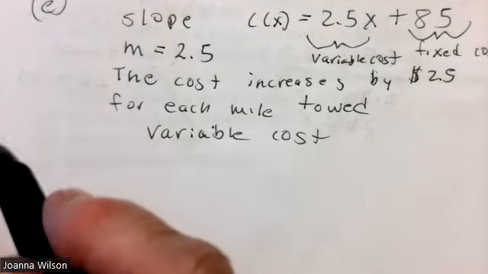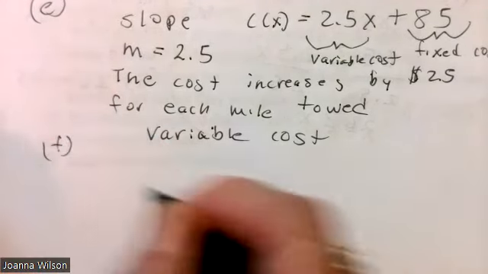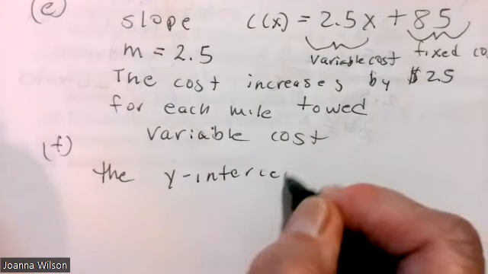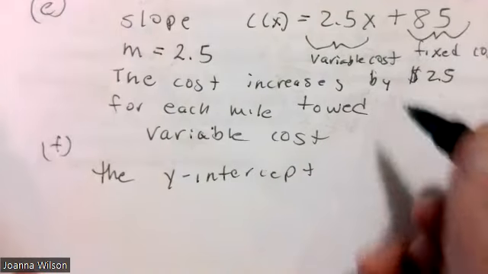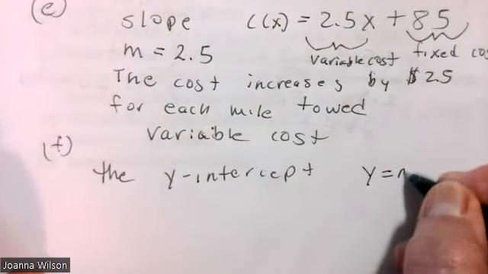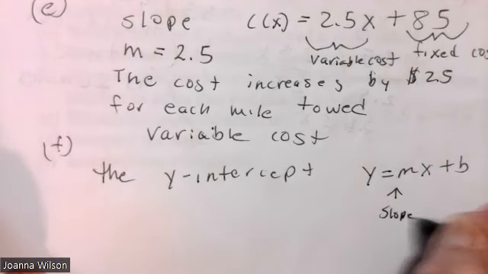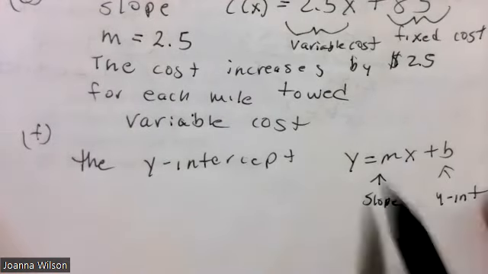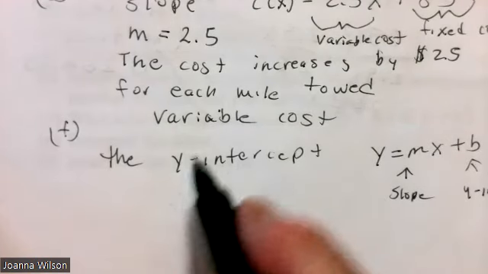And then the last question is interpret the y-intercept. So the y-intercept in this function, you can think of this in the form y equals mx plus b, and that's the slope, and this is the y-intercept. Because if you let x be 0, which is what you do to get the y-intercept, you get b. So the y-intercept is just y equals b.